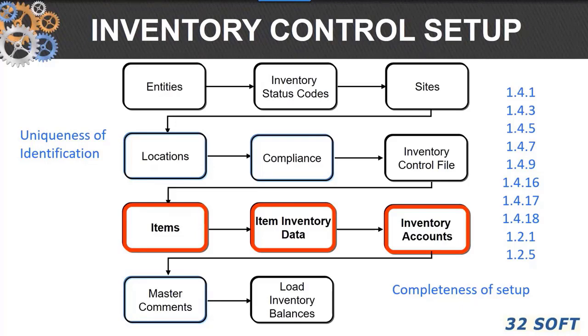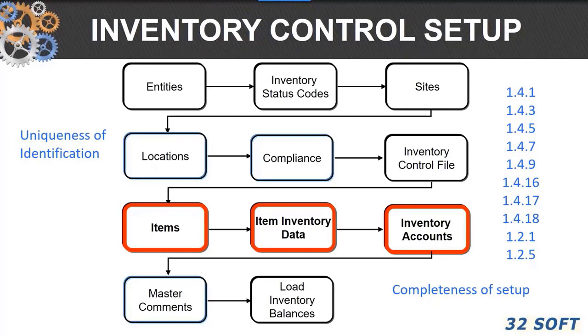The one thing I would emphasize again is the uniqueness identification concept in terms of part numbers. Remember, one part number, not one part, many part numbers or many part numbers for one part. That can really screw up your inventory control and the completeness of setup.